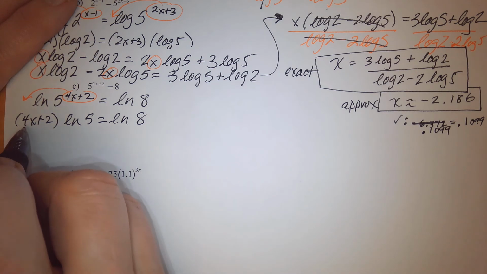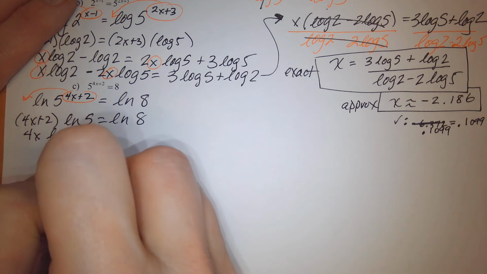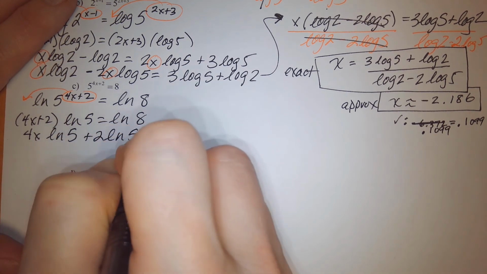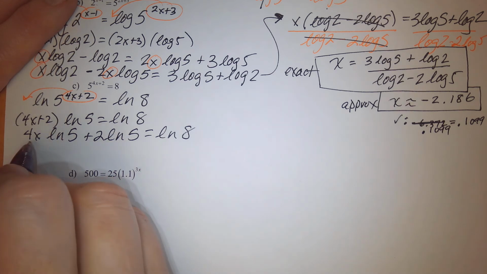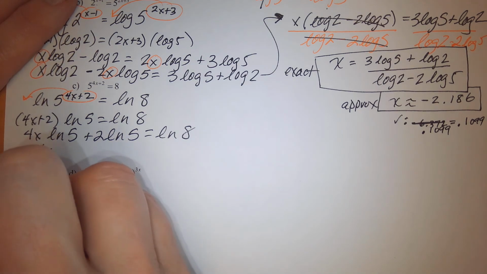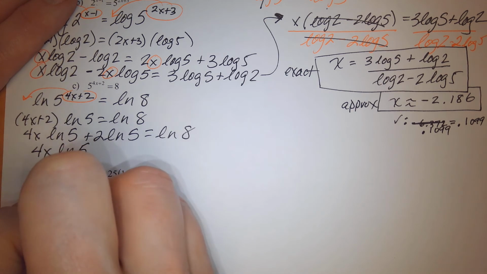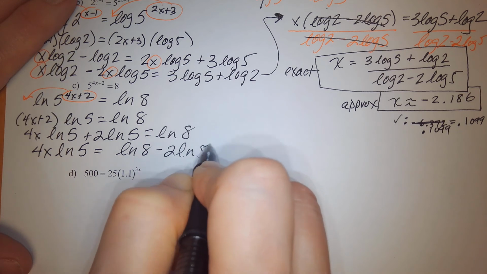So then I'm going to distribute. I have 4x natural log 5 plus 2 natural log 5 equals natural log 8. By isolating this x, I'm going to subtract this term to the other side. So I have 4x natural log 5 equals natural log 8 minus 2 natural log 5.